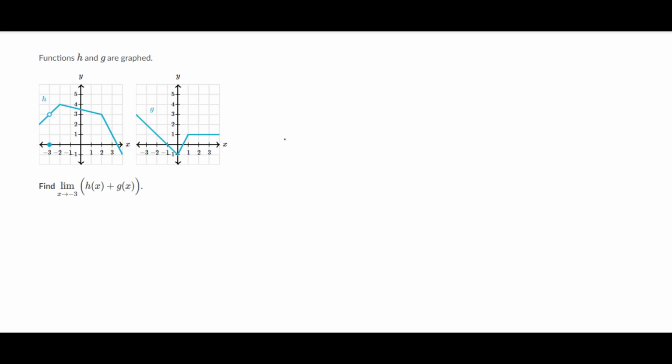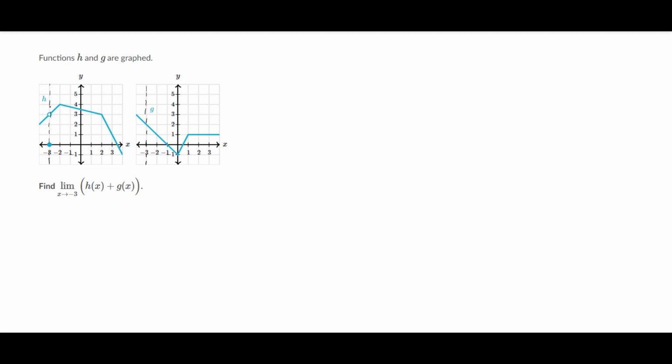Another example of two functions, h and g, and we have to find the limit of the addition of those two functions. We have minus 3 as the limit point, so we should, of course, draw our dashed lines on minus 3 and look at both sides of both pictures.